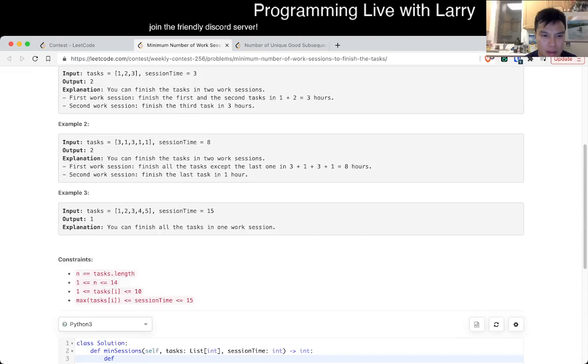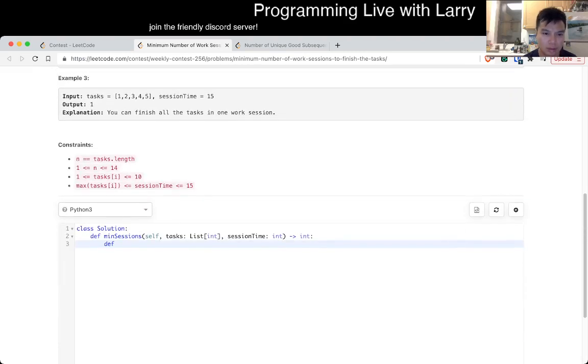Oh, I see. I could do mask and then leftover. Maybe that's easier. Okay, I see. That's how you take advantage of this one. Okay.